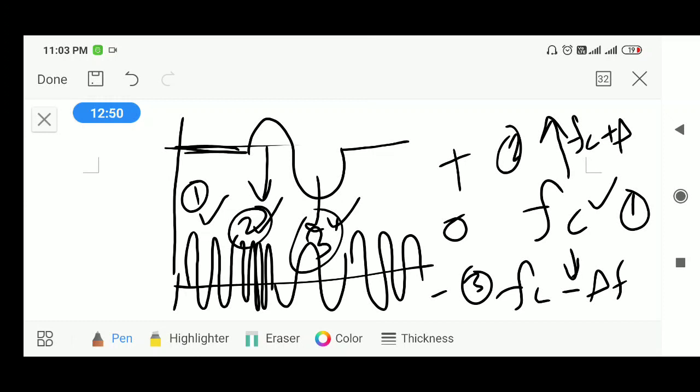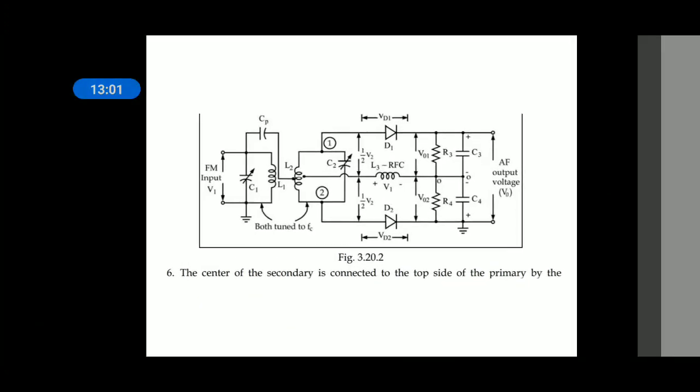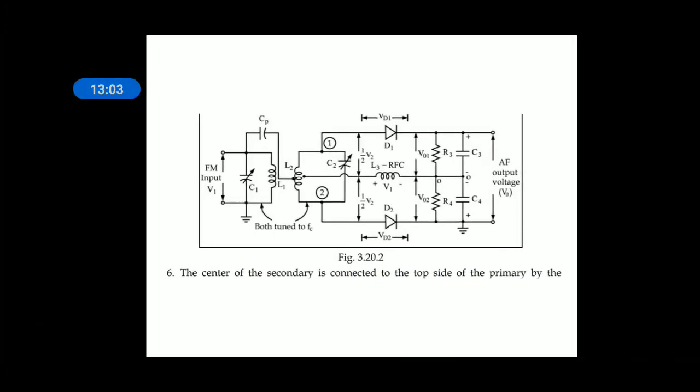So in this way we can explain the Foster-Seeley discriminator or FM demodulator for the three cases, right. So that is the center frequency for any tuned transformer, but the input FM signal is varying continuously depending upon your FM signal. It goes up, goes down, or remains at the carrier frequency.